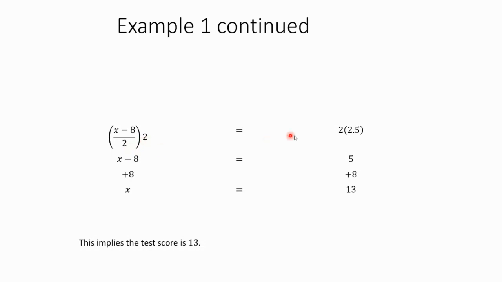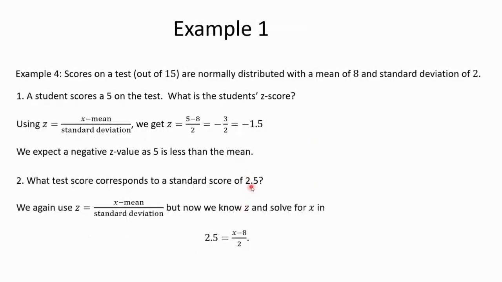We clear denominators by multiplying both sides by 2. So x minus 8 will equal 5. Then you add 8 to both sides, and you get x is 13. So the test score, the data value of 13, has a z-score of 2.5. That's what this is saying.